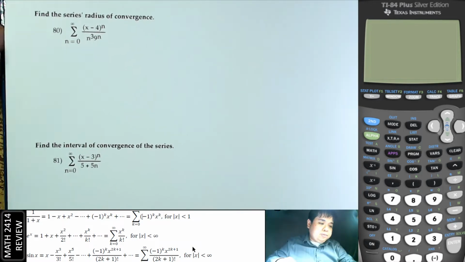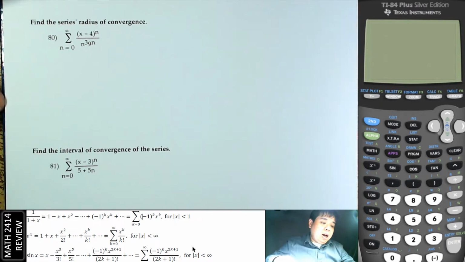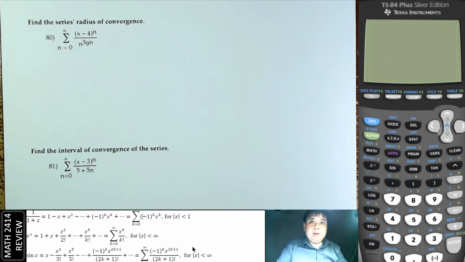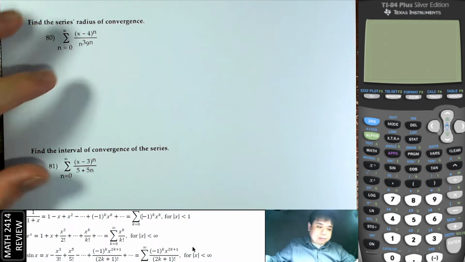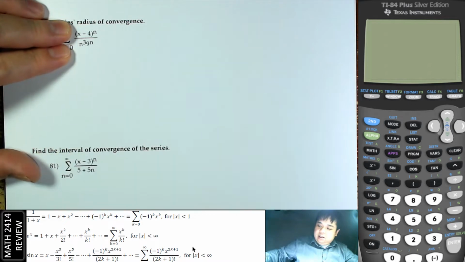Next, find the series radius of convergence. For this, we just use the ratio test. For the ratio test, I write out what the term is, and then we take the ratio of consecutive terms. So the term will be that.